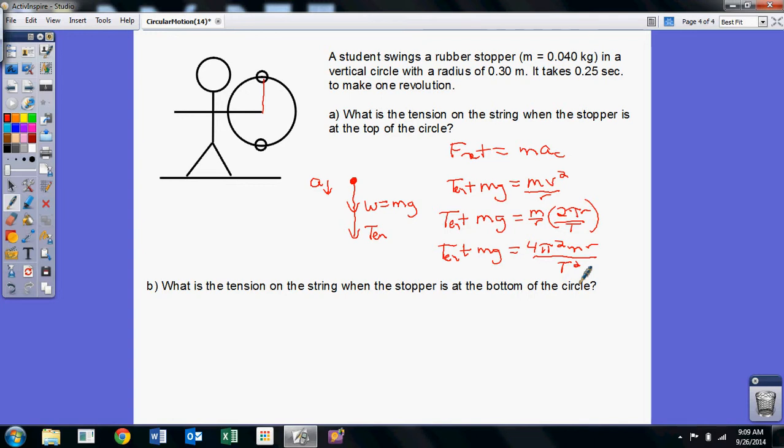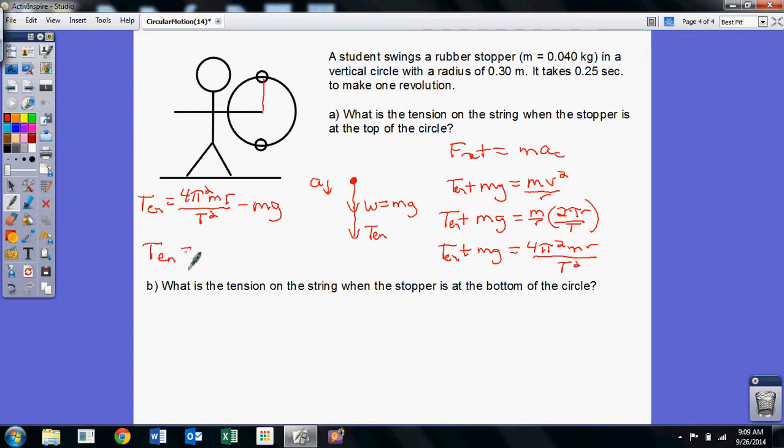Okay, so the tension is going to equal, if I solve for that, 4 pi squared m times r over the period squared minus little m times g. And if you do that, I'll trust that you can trust me with the math.